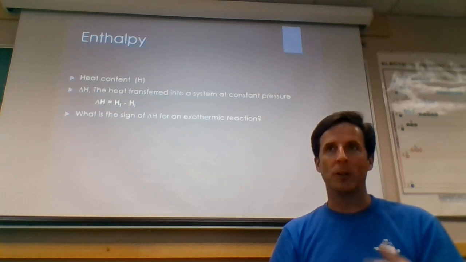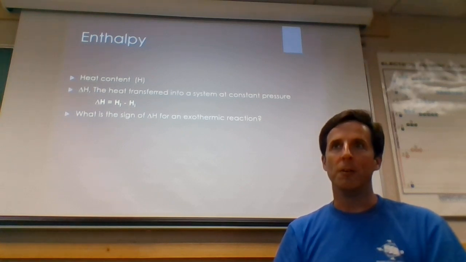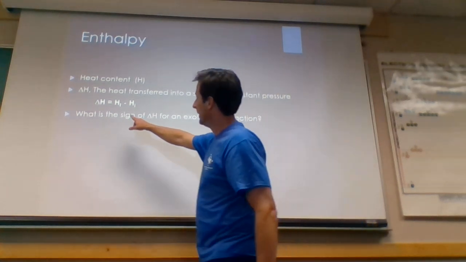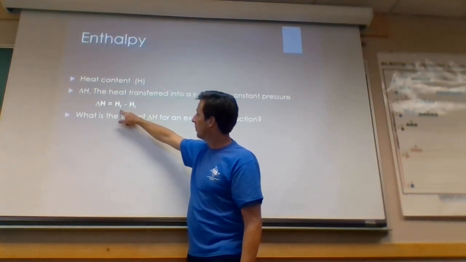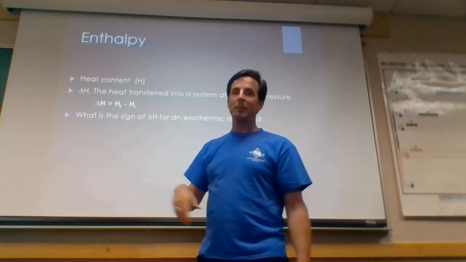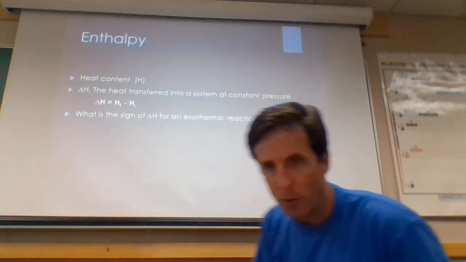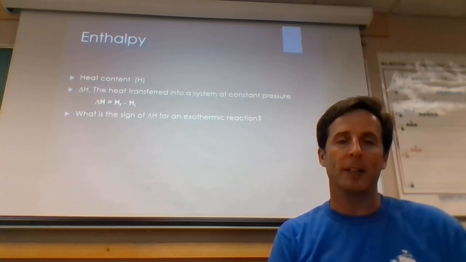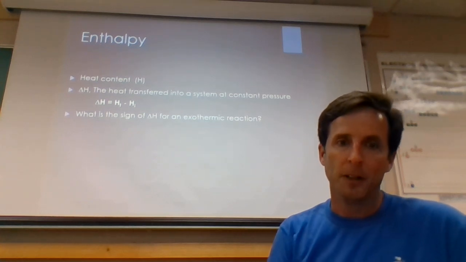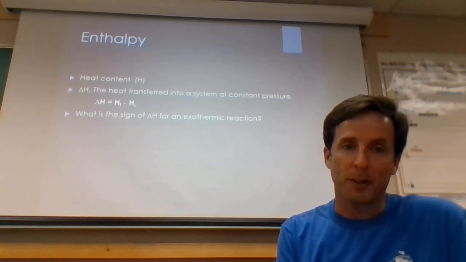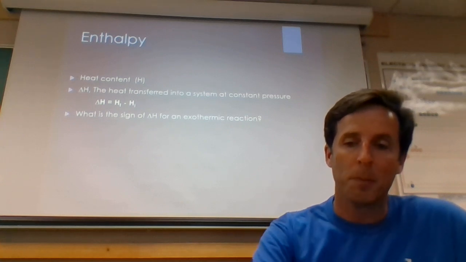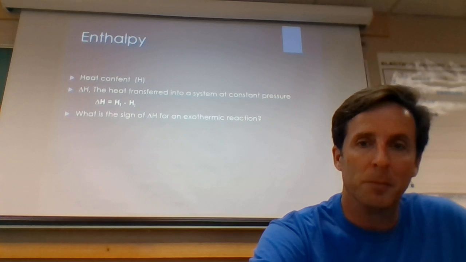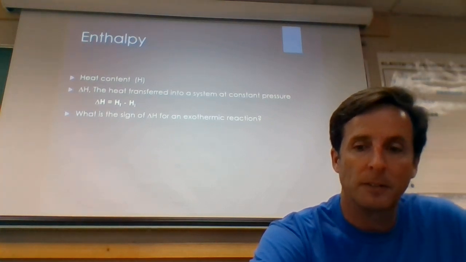So in an exothermic reaction, the final amount of heat is less than the initial amount. And if I do a small number minus a big number, that's going to give me a negative delta H value. So delta H for an exothermic reaction is negative. Delta H for an endothermic reaction is going to be positive. That's an important thing to remember. It's going to come up a few times in the next few slides.